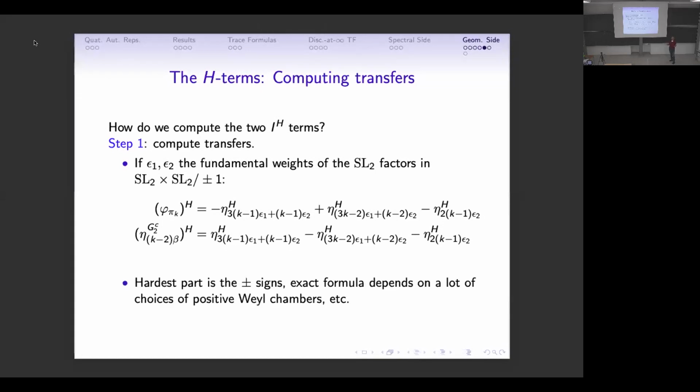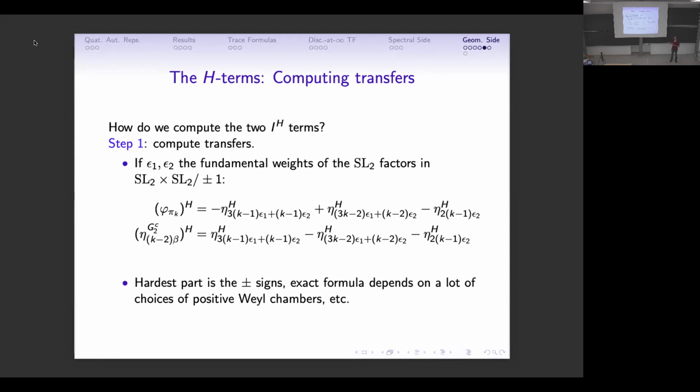There's an explicit formula for this in some notes of Labesse for a very old Snowbird conference. And the hardest part in that formula is figuring out these plus or minus signs. There are lots of choices that depend on which positive Weyl chambers for K and G2 you use that cancel out in your final answer, and secretly all of that depends on some choice of Whittaker models. But there are some tricks you can use to understand these plus or minus signs without too much difficulty.